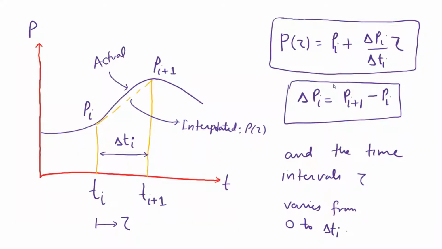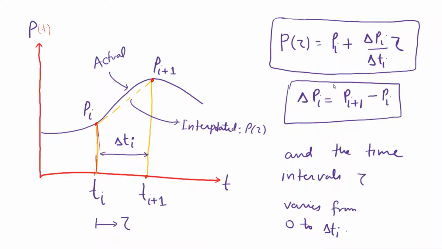So we can see from this figure P, the applied load, with time. This is the actual loading, and we are looking at this area, this impulsive force. We have taken the ith time: P_i is the load at this position and t_i is the time, and P_(i+1) is the load at time t_(i+1).